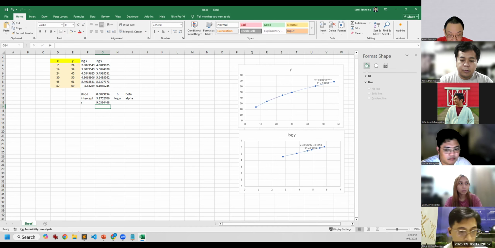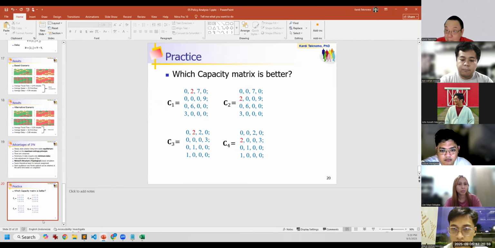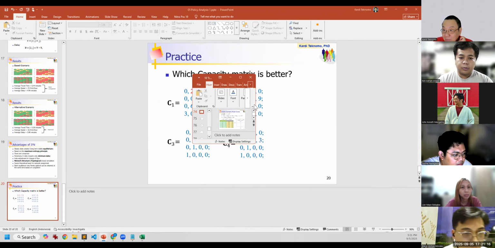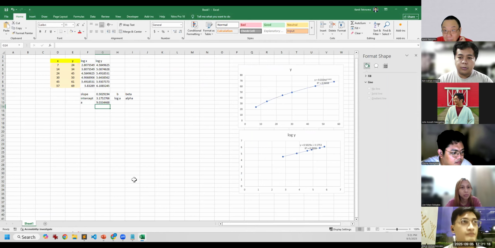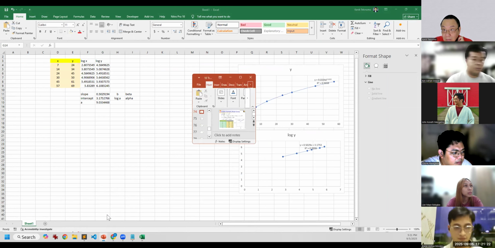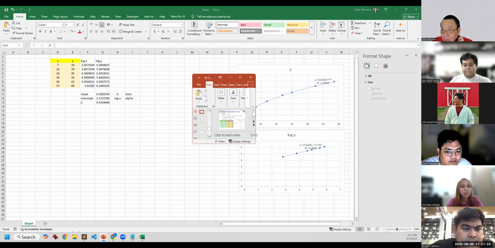So if you look at the slide, can you see it? Exactly the same. So we have exactly the same, even though we use different values.